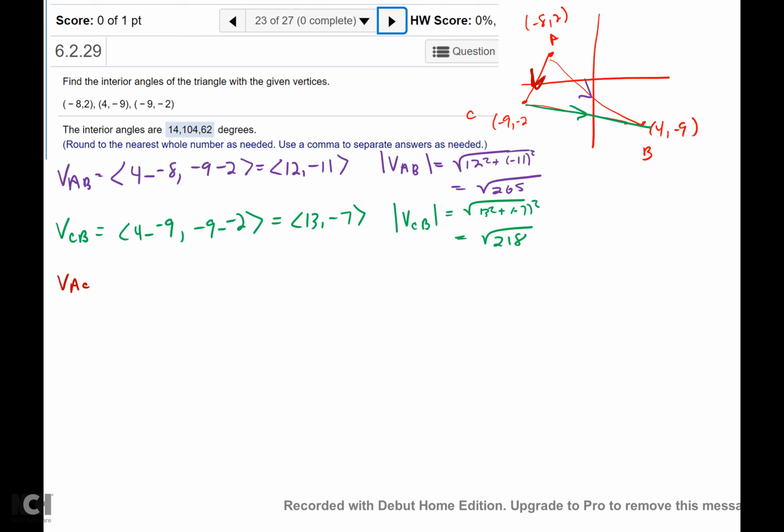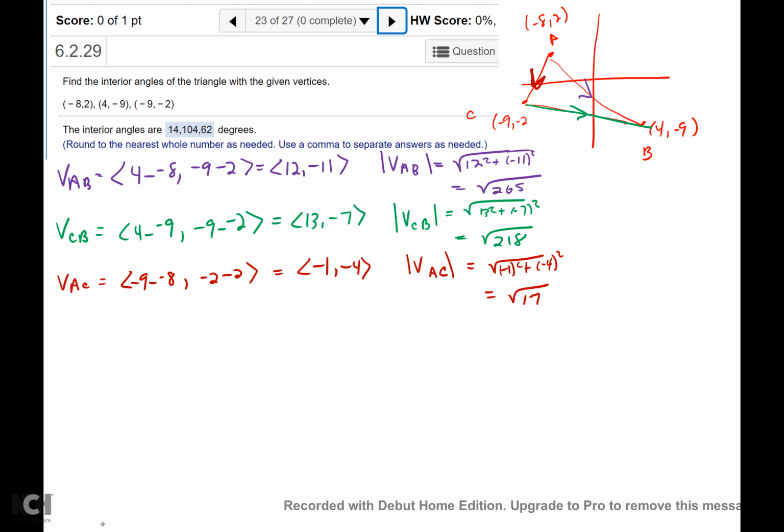So to do vector AC, I'm going to do negative 9 minus a negative 8, negative 2 minus 2, which gives me negative 1, negative 4, which won't change the magnitude because when you square a negative, you get a positive anyway, so you're still going to get a square root of negative 1 squared plus negative 4 squared. But like I said, when you square the negatives, you're still going to end up with a square root of 17.